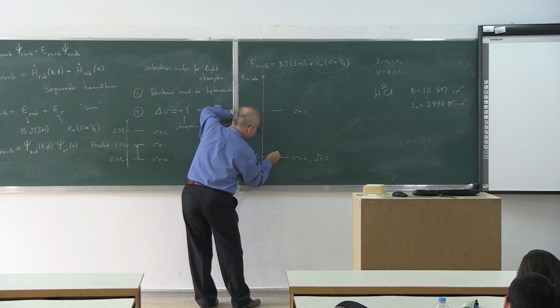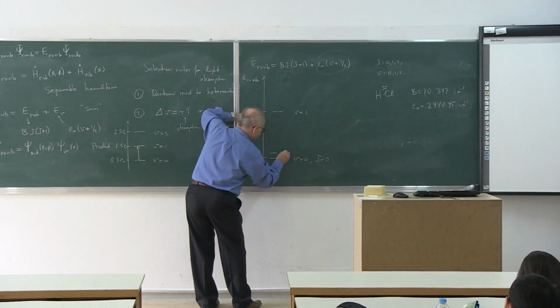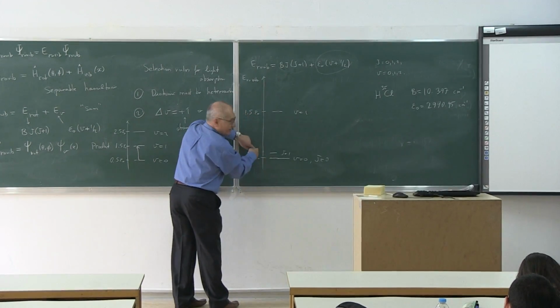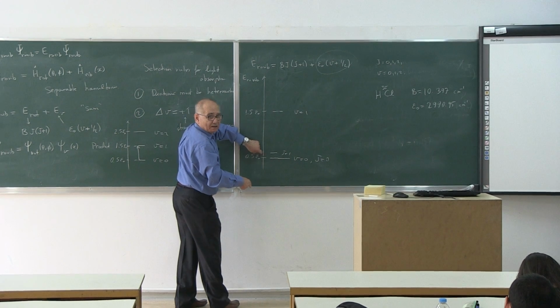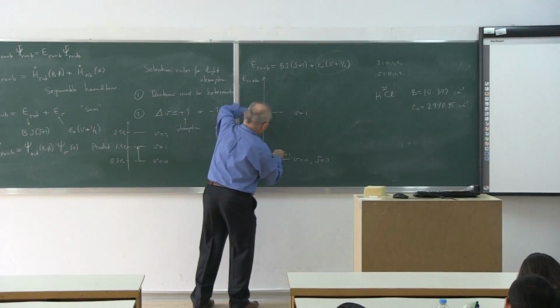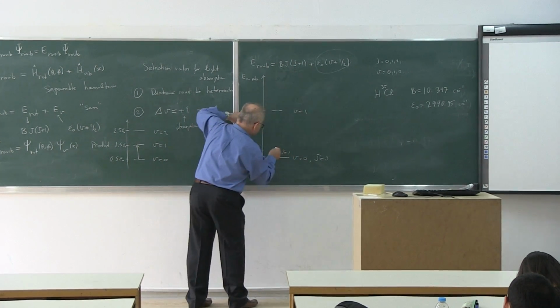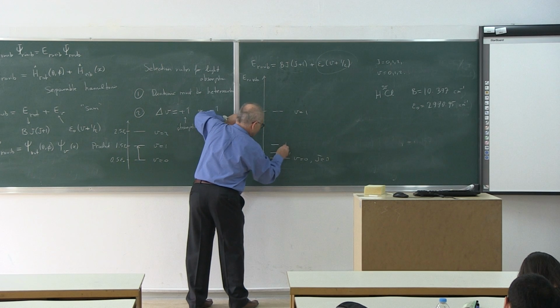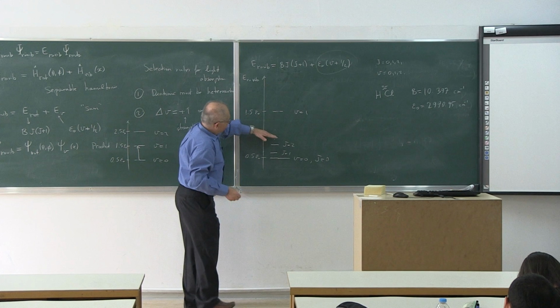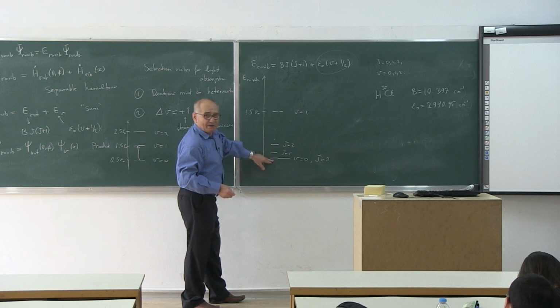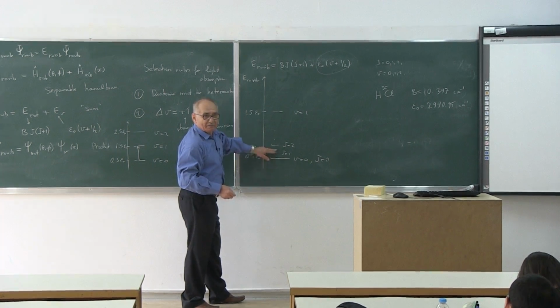Draw this a little bit. This is J equals 1. The value is this number plus 2B. For J equals 2, this is 2 times 3, and so on. All these rotation levels belong to the lowest vibration level.